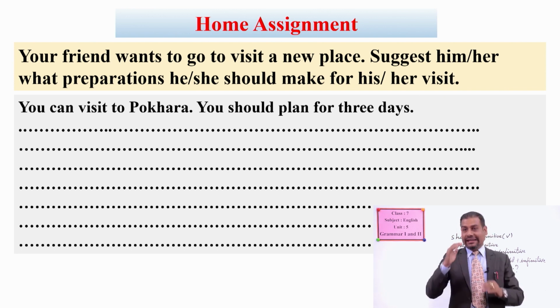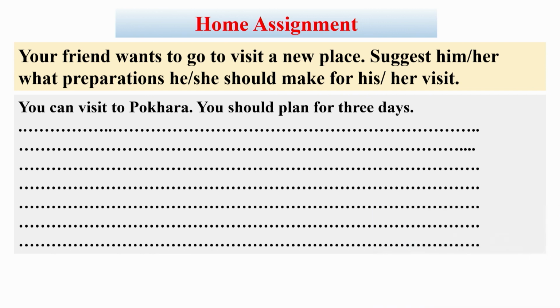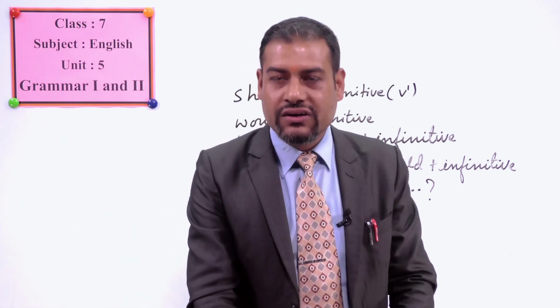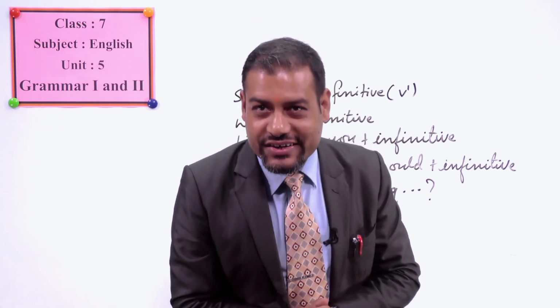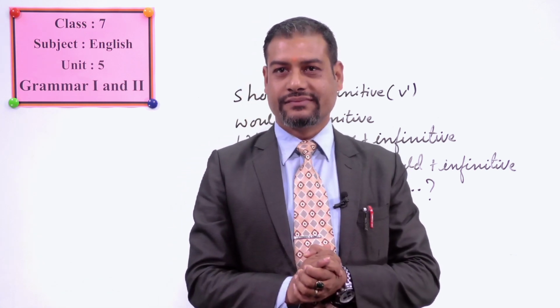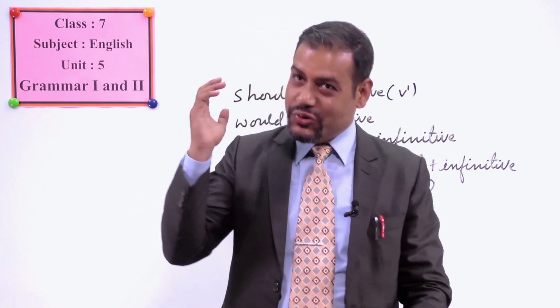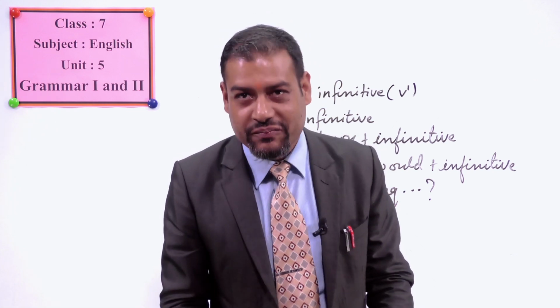Very good. Now this is the first part of our grammar 1. Now we are going to begin another part, that is grammar 2, okay? So can you guess what we are going to learn under grammar 2 again? Don't worry, I am here to help you. So to know that, first of all, you have to read this poem, okay?